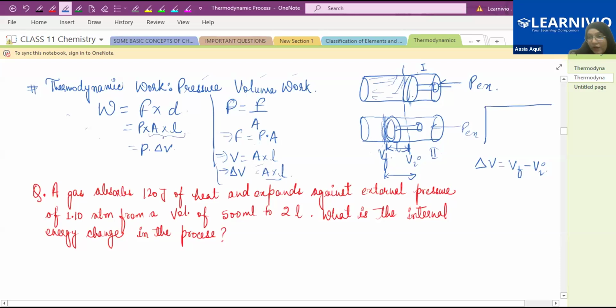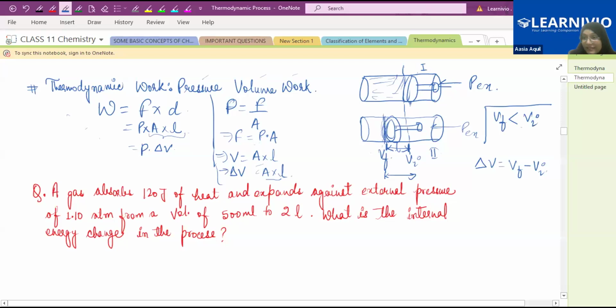Now see the initial volume, in this case, see the first diagram and the second diagram. The initial volume was this. Initial volume is greater than the final volume, right? So here V final is less than V initial. Initially the volume was more. Okay, and when you give the pressure, P external pressure, the volume decreases. So VF is less than VI.